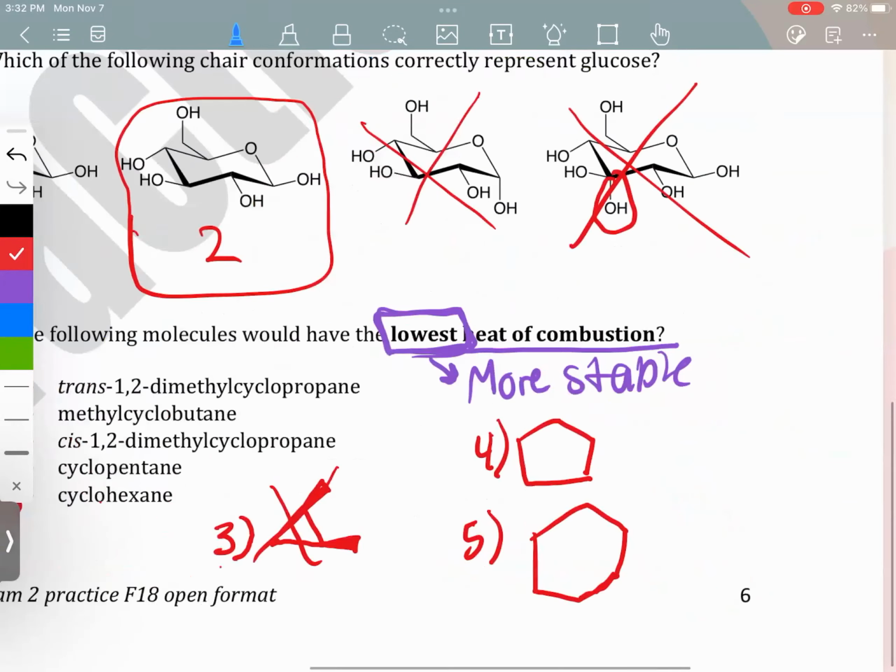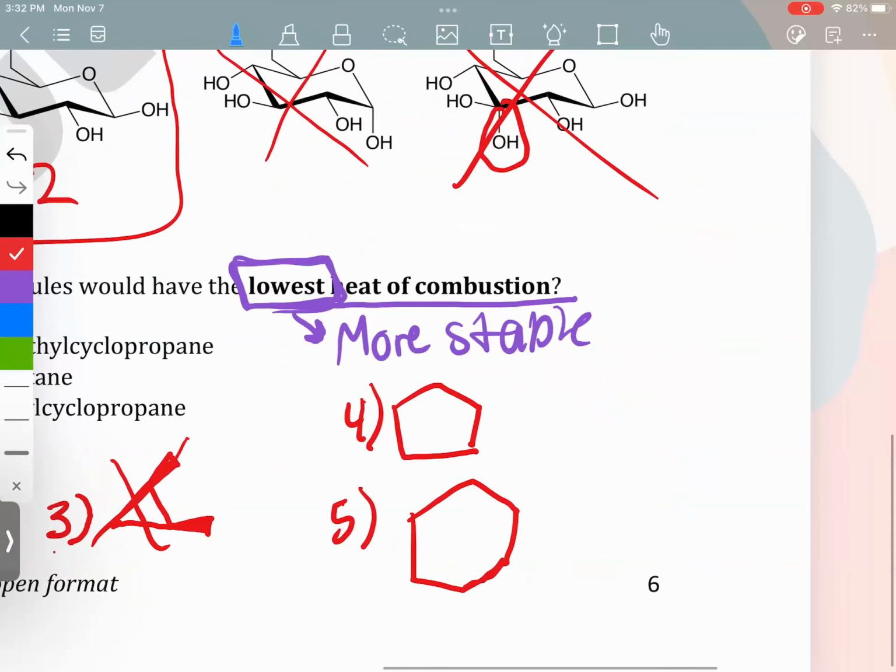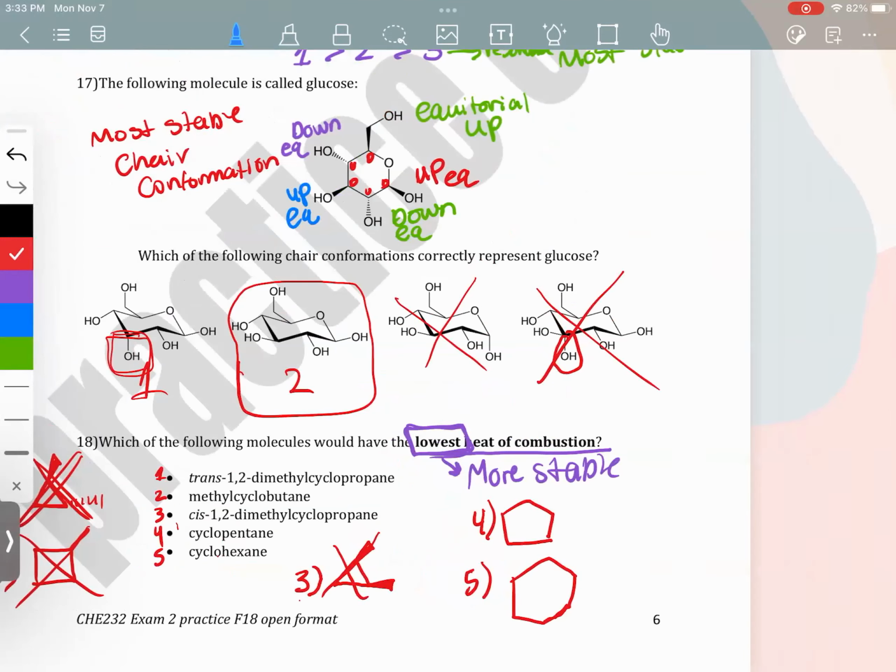So between 4 and 5, the cyclopentane and the cyclohexane, which one is more stable? You say the hexane, 5, but the actual answer is cyclopentane.